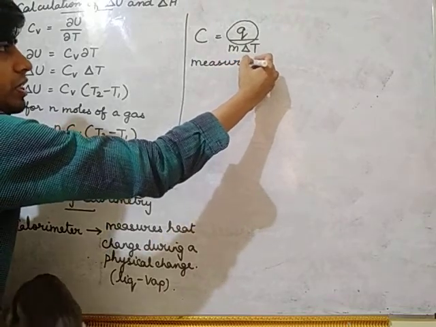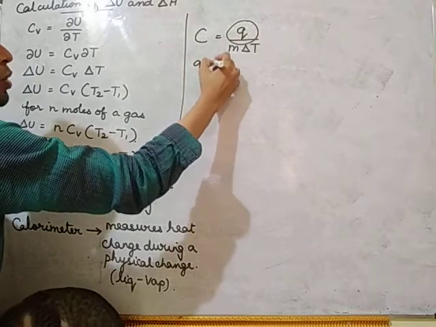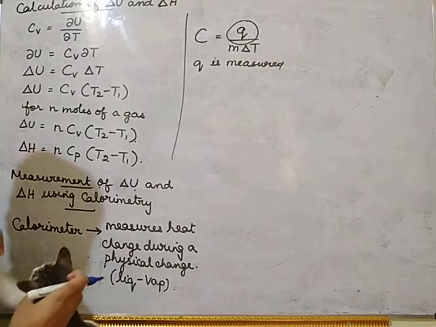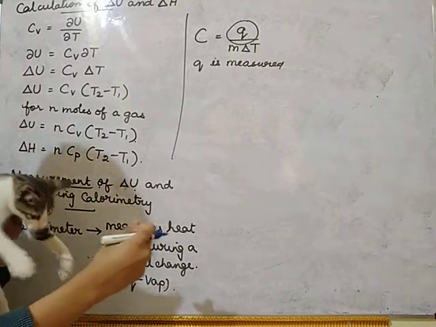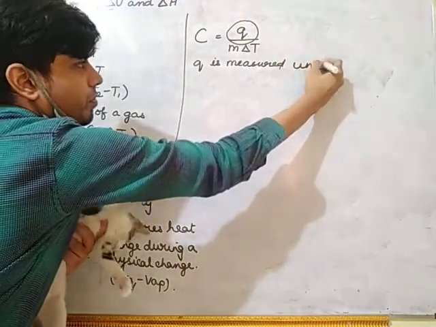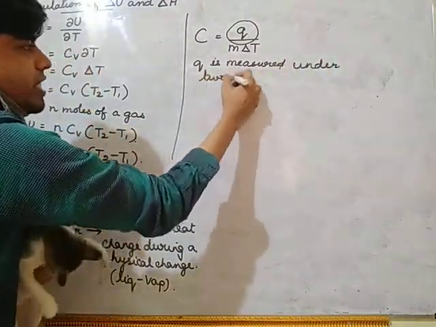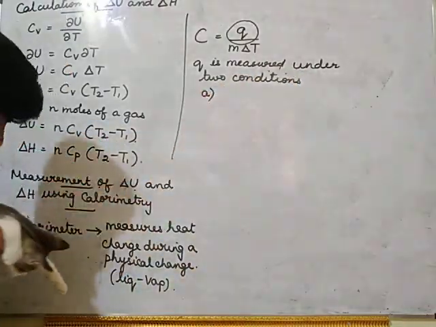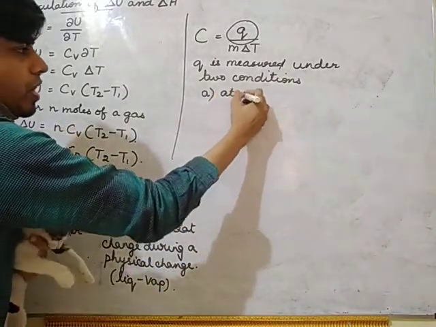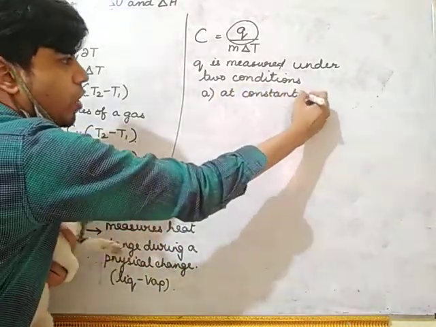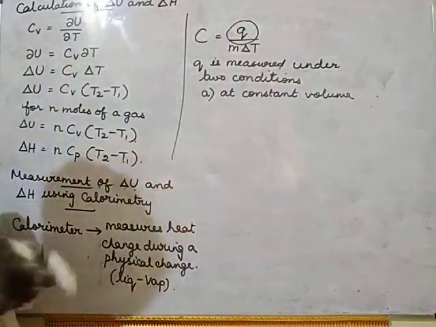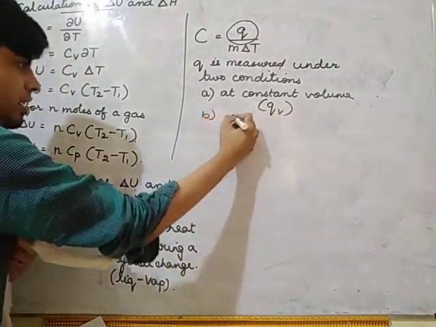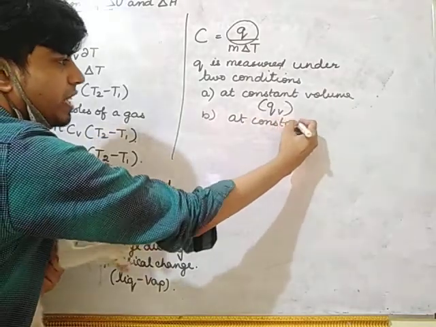This Q is measured under two conditions. One is at constant volume. At constant volume, if you measure this Q, you will call it as QV. Next, at constant pressure.